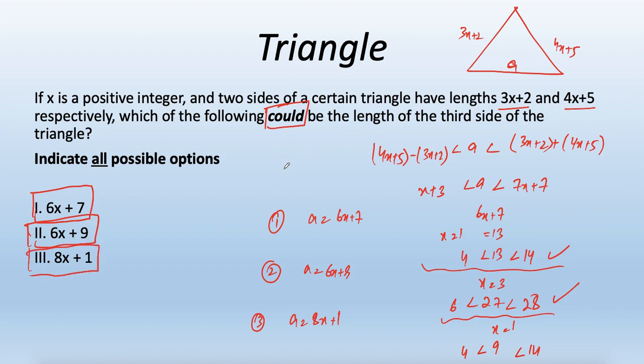So based on the could be case, all of these are possible when x is equal to 1 or maybe other values. We are just checking for one value for now, when x is equal to 3 and when x is equal to 1. So based on these values, all of the options are possible in the could be scenario. So the answer to this is all 1, 2, and third option.